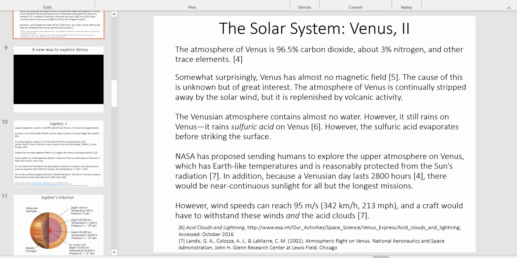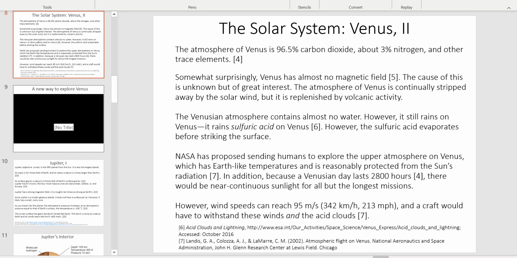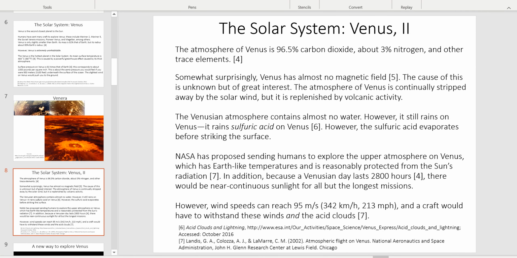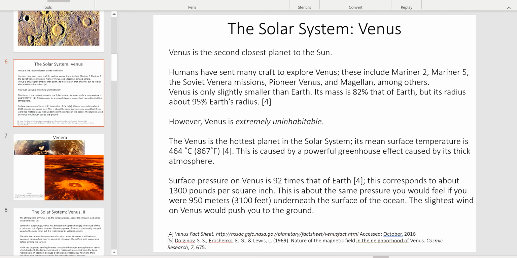I want to mention one more thing about Venus, which you may have heard from the news, and that is that we may have found evidence of bacterial life in the upper atmosphere of Venus. In particular, there was a paper published. I don't have any information on this in the slides here, but I'm just going to go back to the first slide where I talk about how Venus is uninhabitable.